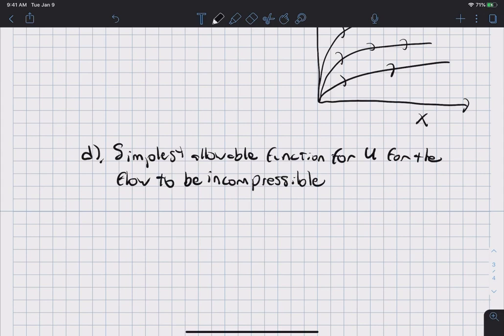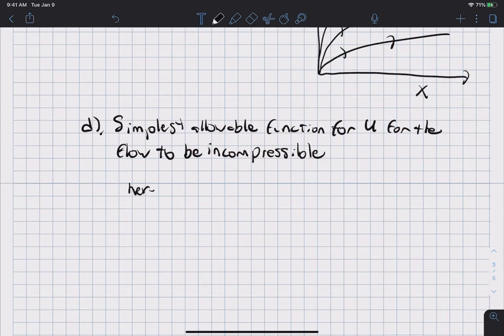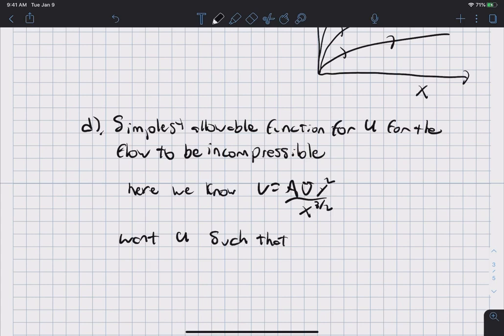Okay, and so here we are going to pretend that we don't know u, but we know v. So here we know v equals a u y squared over x to the 3/2 power. And so we want u such that the divergence of the velocity field is equal to 0.